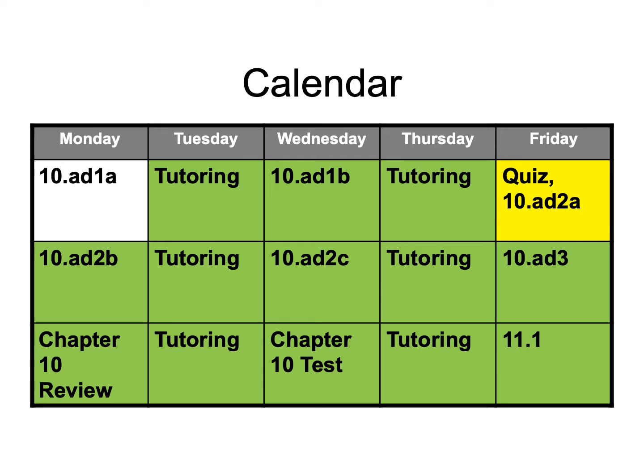Okay. So let's see what's going on. We're going to start something that is not in the book. For the next 2 weeks, we're going to do something that is not in the book. It's a continuation of the Pythagorean theorem, basically. There are some cube roots at the very end, and so I can't call it 10 point something. So AD means additional. There are two additional things that I'm going to be teaching you.